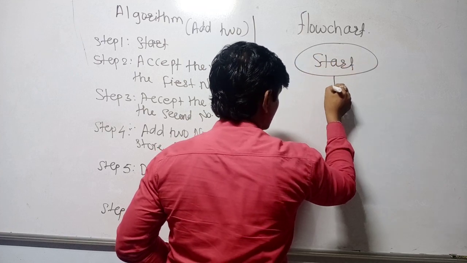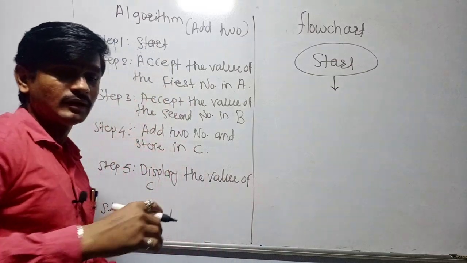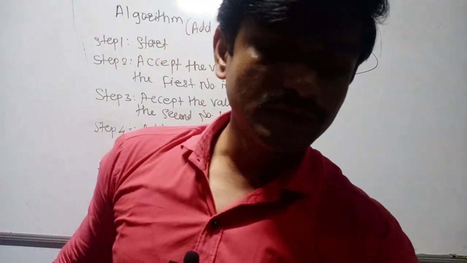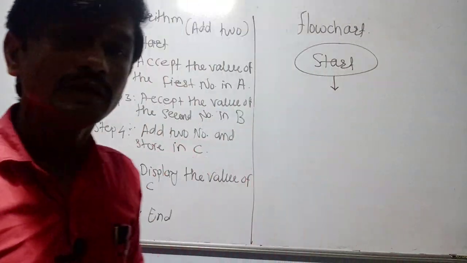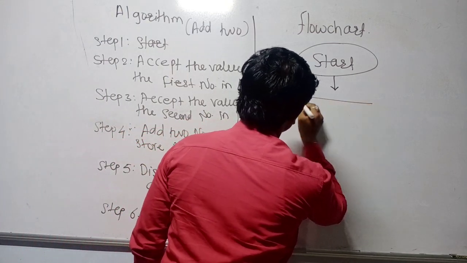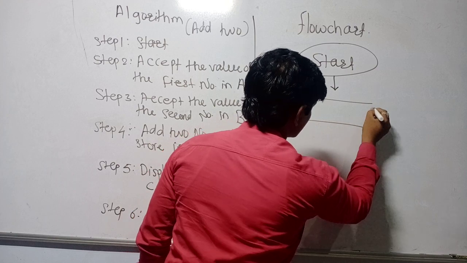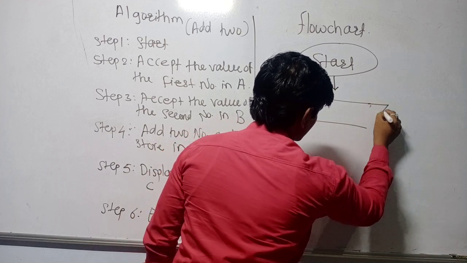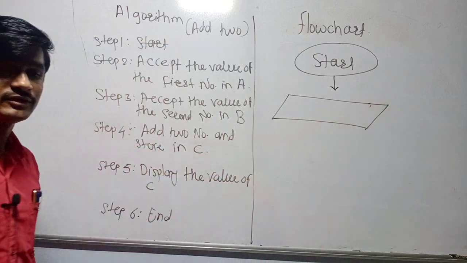Now take the flow line. Now you have to use the input symbol. This is the input symbol. What is the first input?